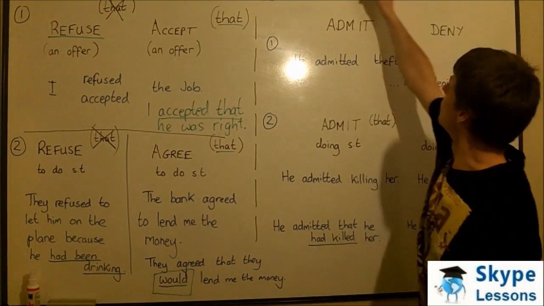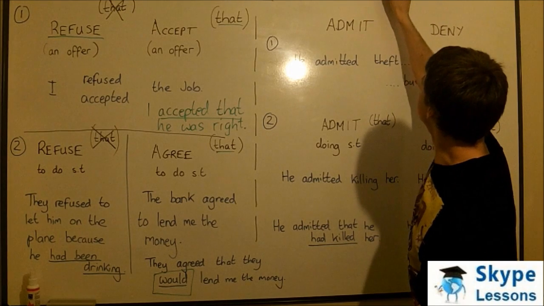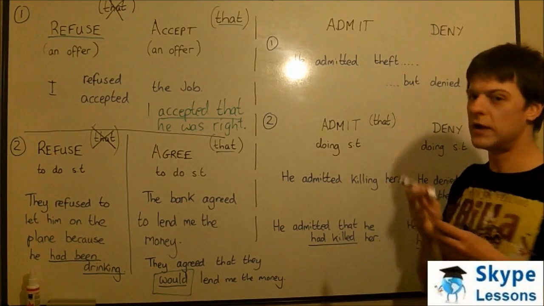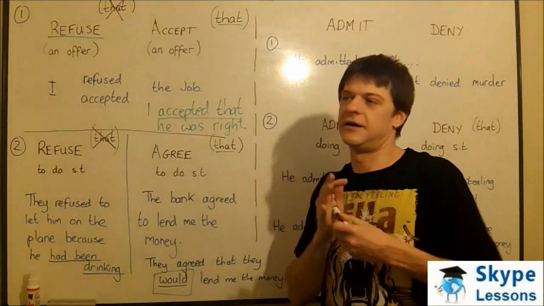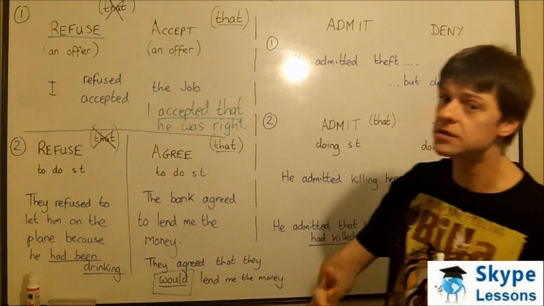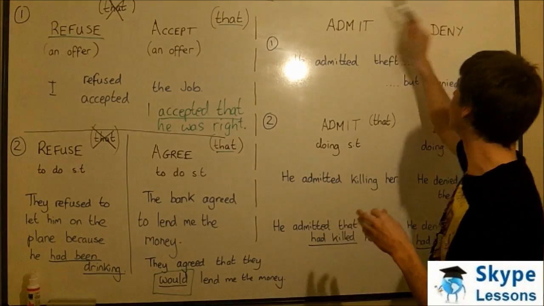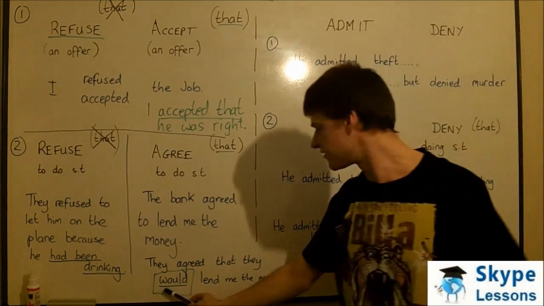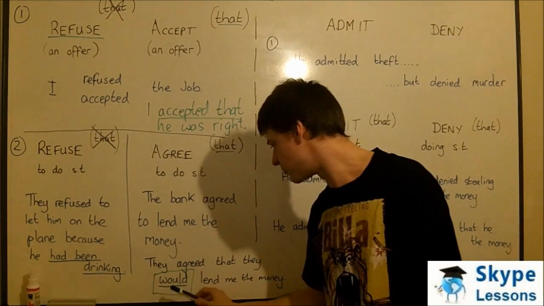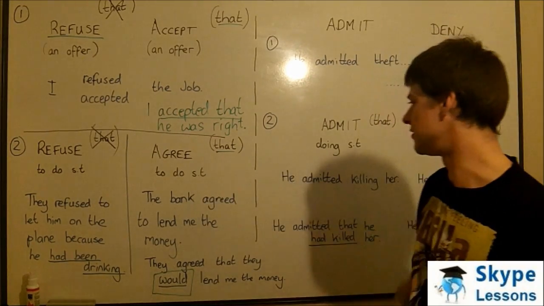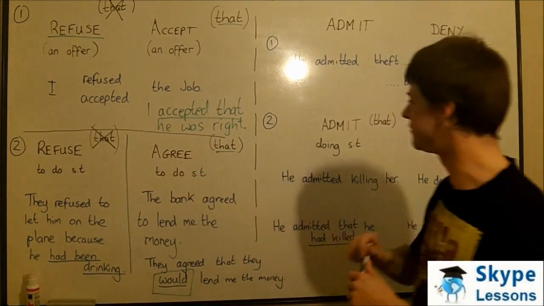Why? Because will becomes would in reported speech. If you say I will do my homework, the student told me that he would do his homework. Will becomes would. Okay, so it's something else to remember with reported speech. You will often see would. So here is agree to do something, the opposite of refuse to do something.